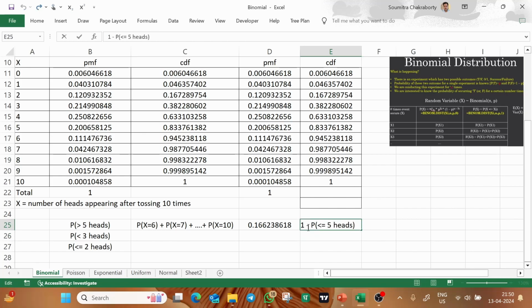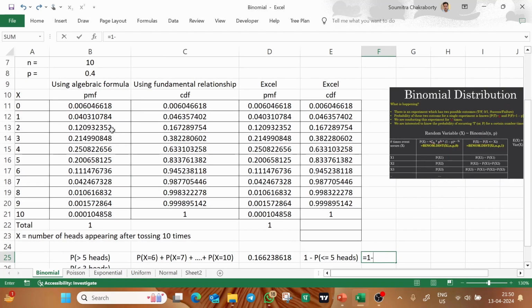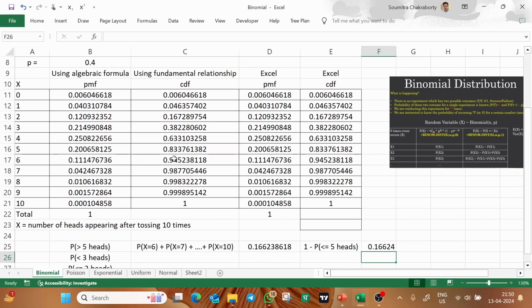If you subtract the probability of less than or equal to 5 heads from 1, you will get the probability of greater than 5 heads. So 1 minus probability less than or equal to 5 heads, it is the CDF value, this one. So see, these and these are equal.